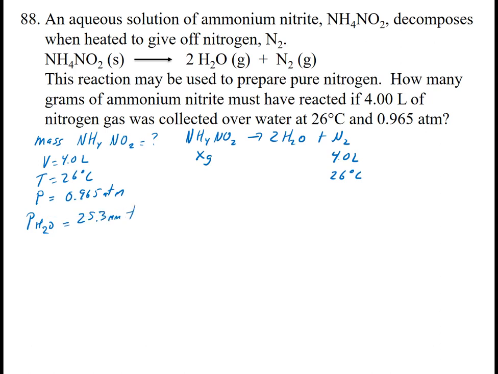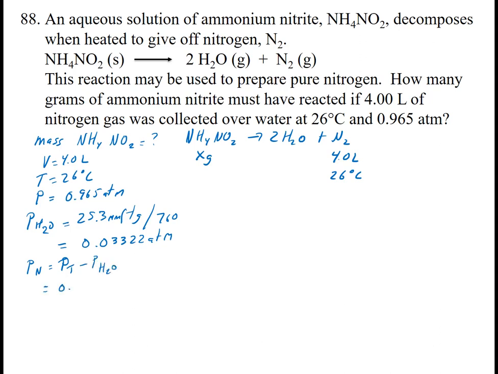Before I subtract, they need to be in the same unit. So I'm going to change this one to atmospheres by dividing by 760, and that gives me 0.03322 atmospheres. So that means that my pressure of nitrogen is the total pressure, PT, minus the pressure of water.